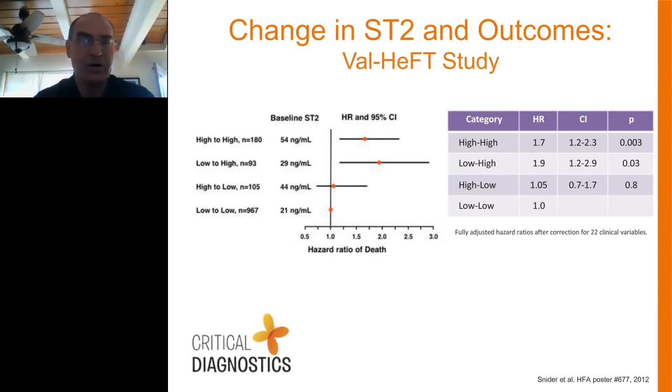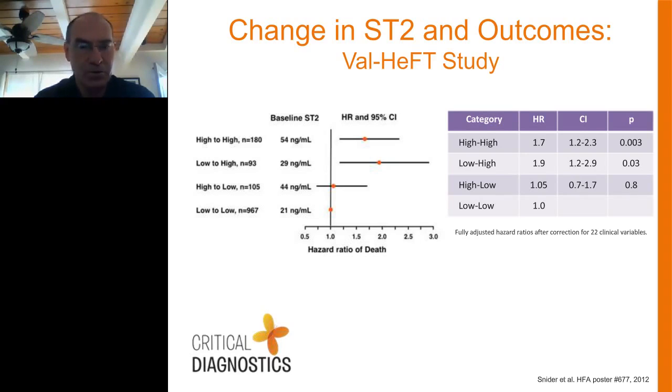It was a multinational trial. We only looked at the U.S. patients, and then those patients where specimens were available, because they didn't collect blood samples from every patient in the study. So this was about 1,100 patients from this full 5,000 patient cohort. But they were stable ambulatory patients, so ST2 was low, and that's the low to low group.